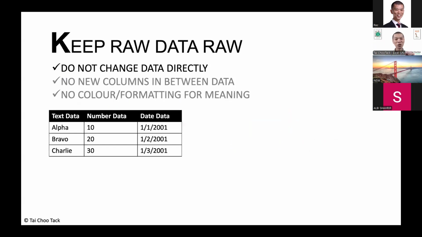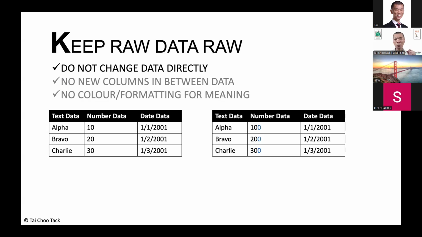The first thing, we do not want to change the data directly, even though it appears simpler. For example, in my reports, I only need these three records for some analysis, for just a quick, simple report. And I need to do a number conversion by adding a zero at the back.